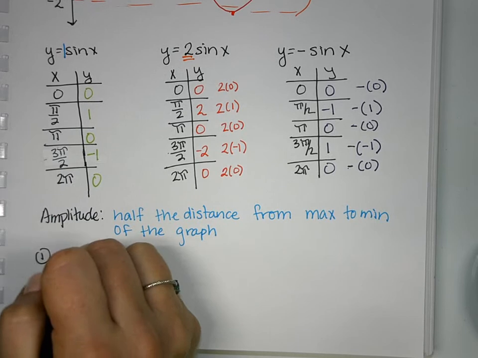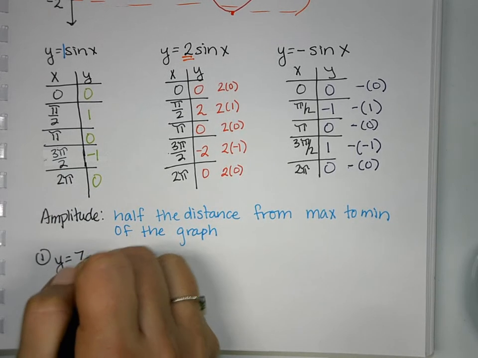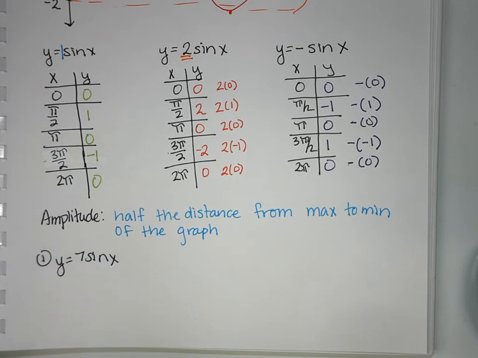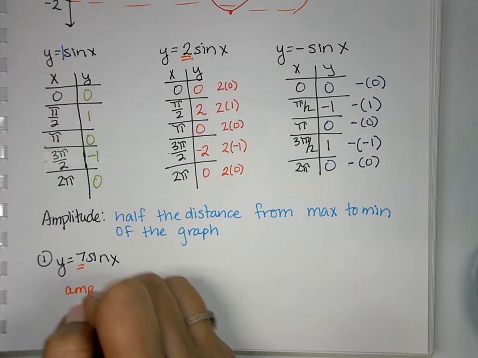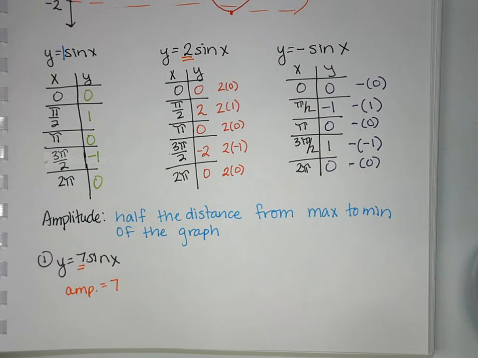If I gave you y equals 7 sine x, what would our amplitude be? It would be this number in front. And if you were asked a follow-up question like what's the distance between the highest and the lowest, or between the max and the min, you would just double this amplitude.